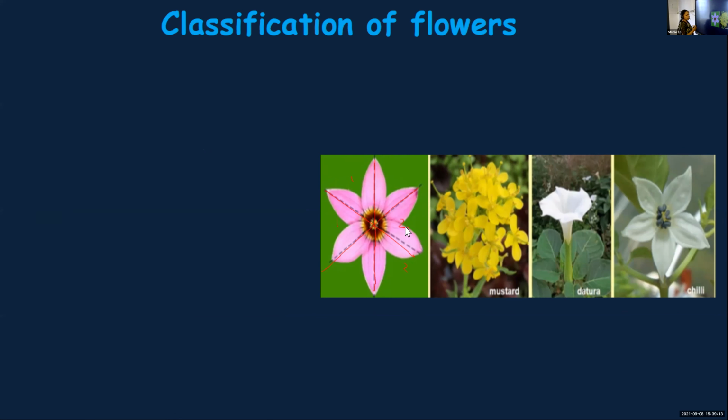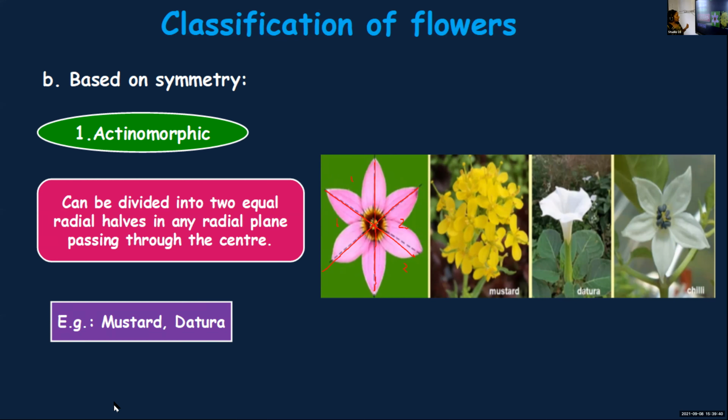Such flowers are known as actinomorphic flowers. Mustard and datura are some examples. It is the same as radial symmetry that we learned in animals. Once again, a flower is said to be actinomorphic if it can be divided into two equal radial halves by cutting along a radial plane passing through the center.